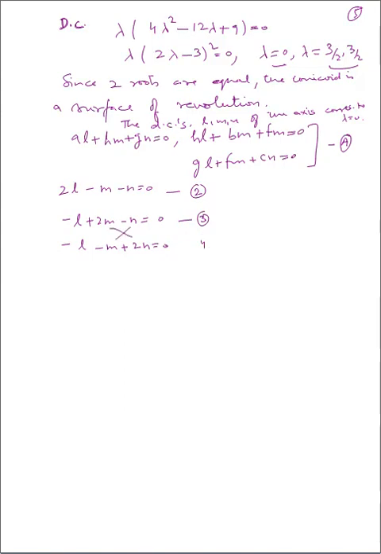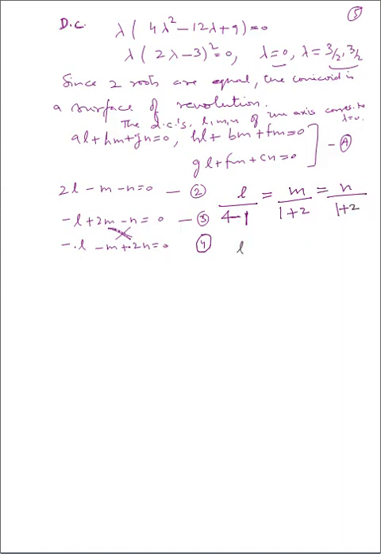By Cramer's rule, we can write down L upon 4 minus 1 minus 1 is equal to M upon 1 plus 2, N upon 1 plus 2.